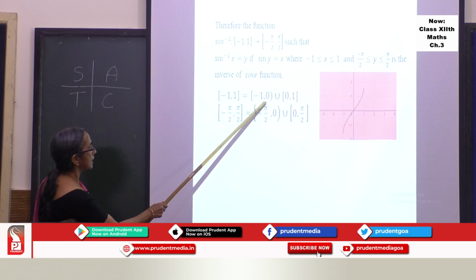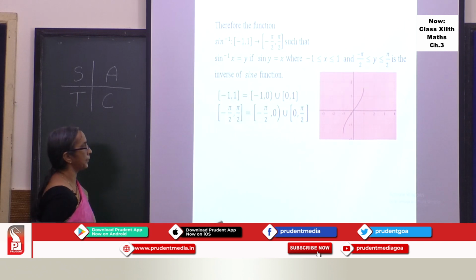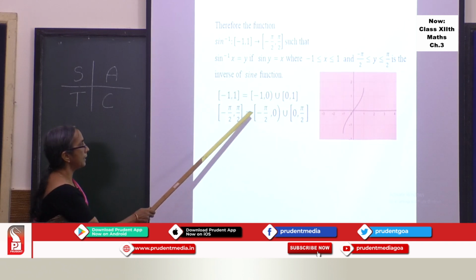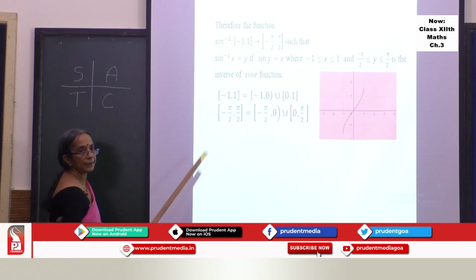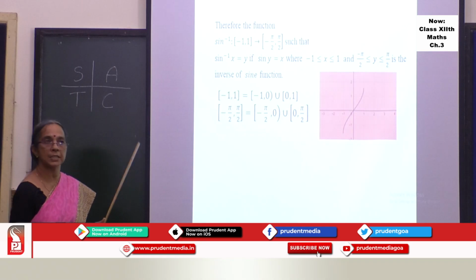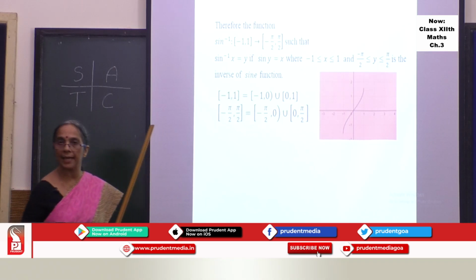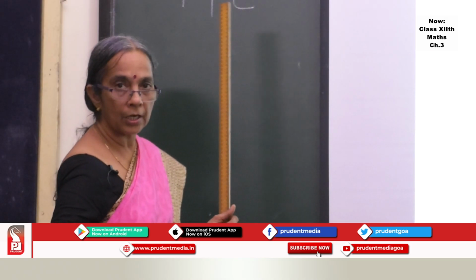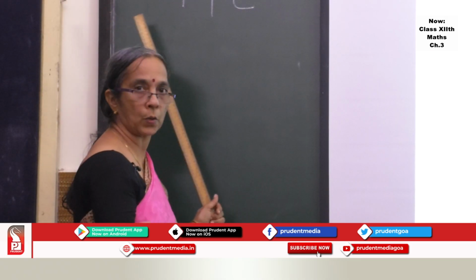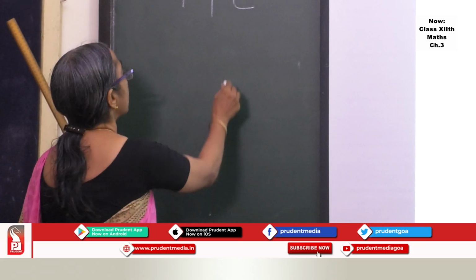So, now look at sine inverse of a negative value. Sine inverse of a negative value is an angle between minus pi by 2 and 0, means it is an angle in the fourth quadrant. We have done last year angles in the first quadrant, second quadrant, third quadrant, fourth quadrant.